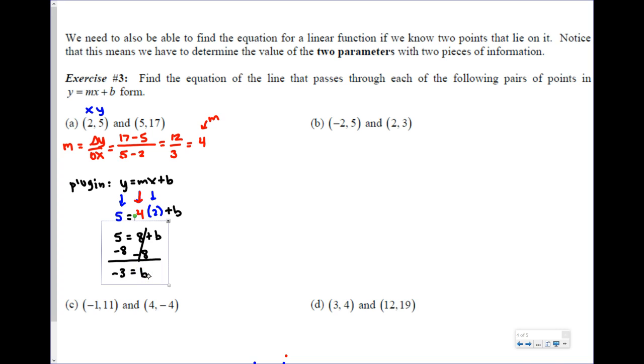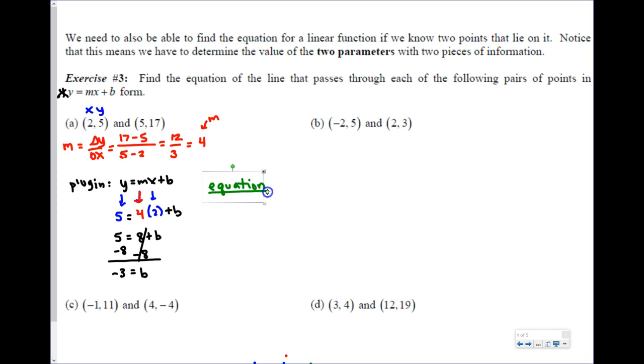That's not what the question wants, though. The question wants y equals mx plus b form. So I have to take all this information and say, okay, my final equation with all the stuff, I'll do it in green, so my final equation is going to be, hold on, let me read, I don't have much room here.